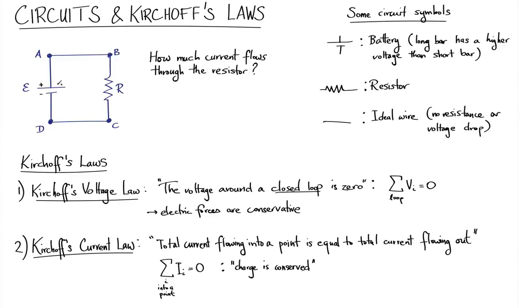So if you think of the current as being much like this incompressible fluid, and this circuit as being a bunch of pipes, then at any point in this network, the amount of fluid flowing into that point should be the exact amount exiting. If that wasn't the case, then we would have a net buildup of fluid, or in this case, a net buildup of charge. And that's not something that we're going to allow.